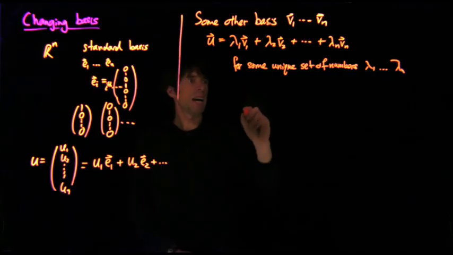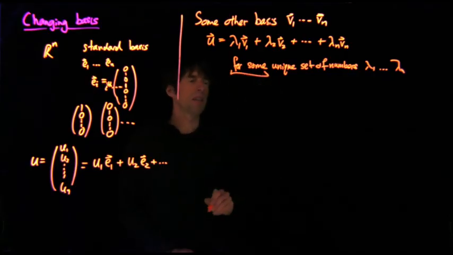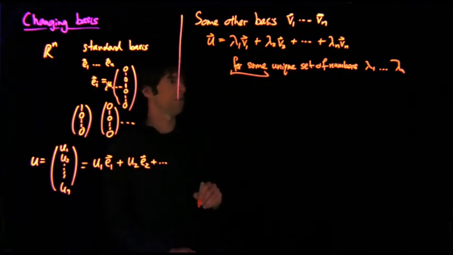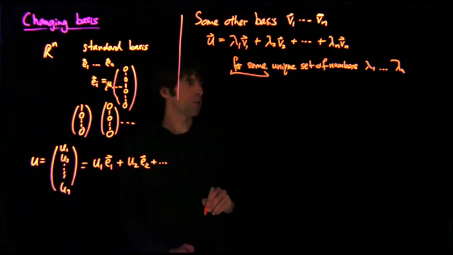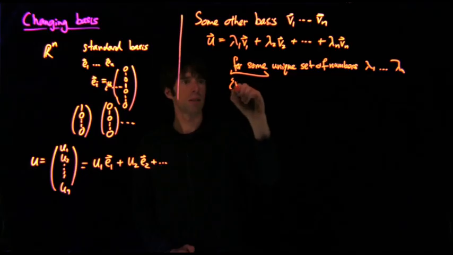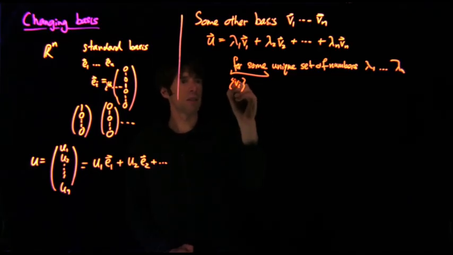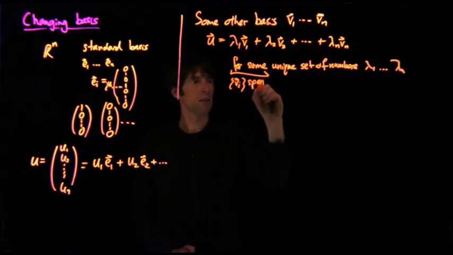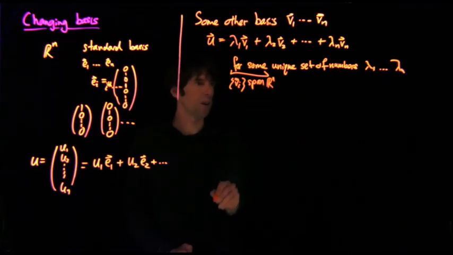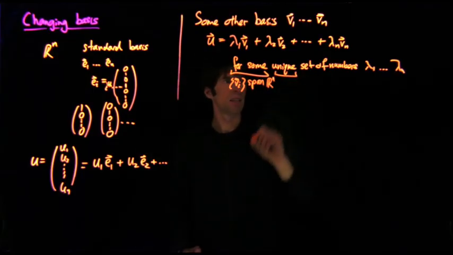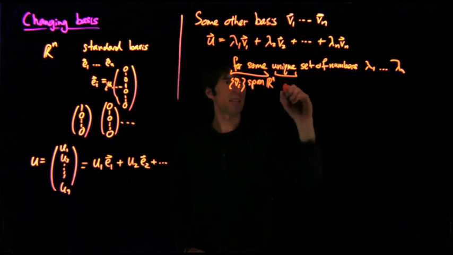So the fact that there exists an n-tuple, a sequence of numbers lambda 1 through lambda n, is the fact that these vectors span all of R^n. And the fact that they're unique is the fact that these vectors are linearly independent.